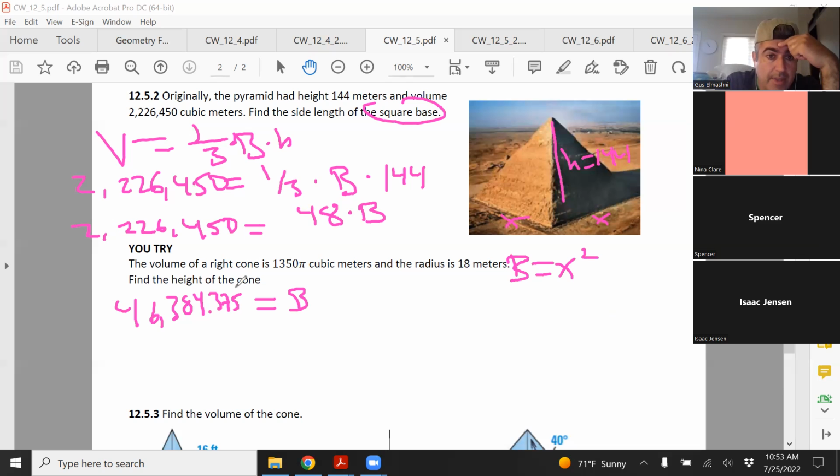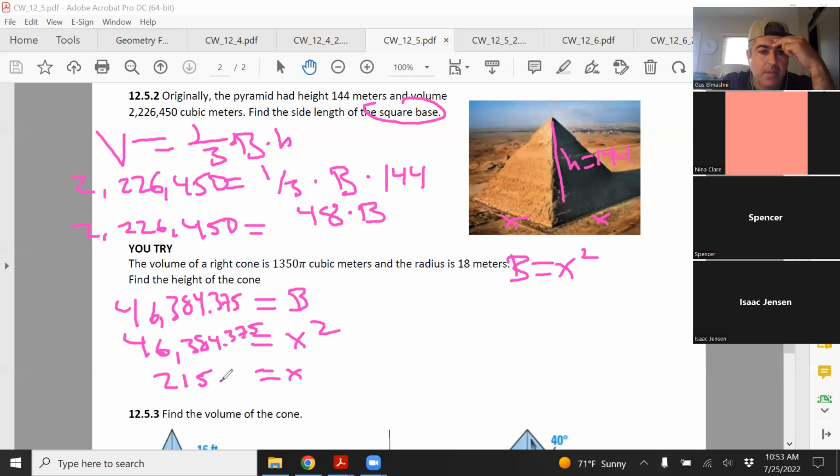Yeah, looks like it. $215.4. So that's how long it is on the bases.